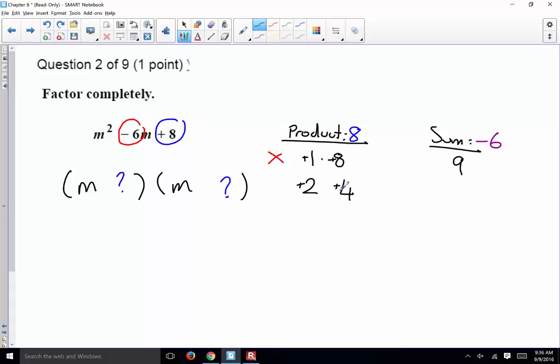Positive 2 and positive 4, but aren't your signs going to be negative? Yeah, but right now we have positive signs. If it is positive signs, the total is 6. It's wrong again. Now, you feel, oh my God, it's almost the same except the signs are different.